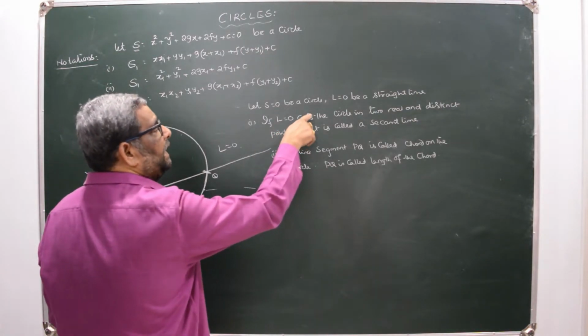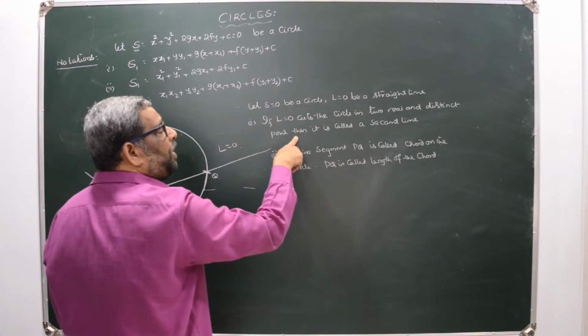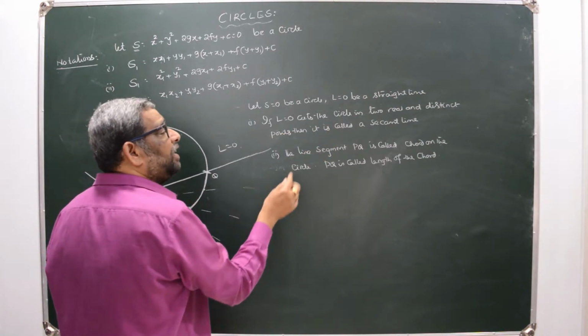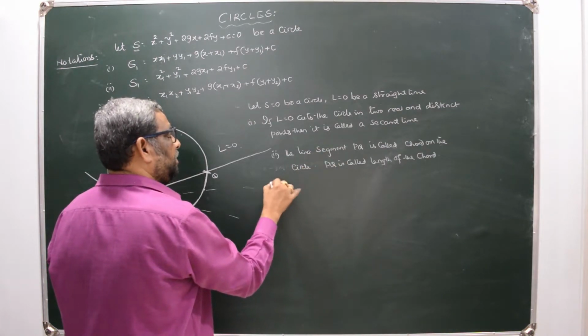So, if L equals 0 cuts a circle in 2 real and distinct points, then it is called a secant. The line segment PQ is called the chord on the circle, PQ is called length of the chord.